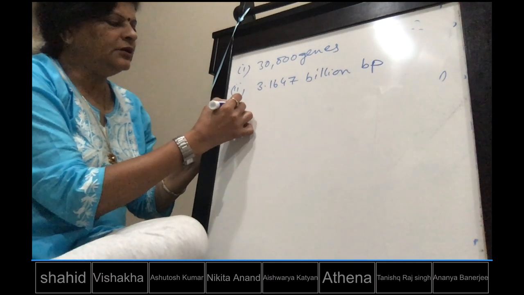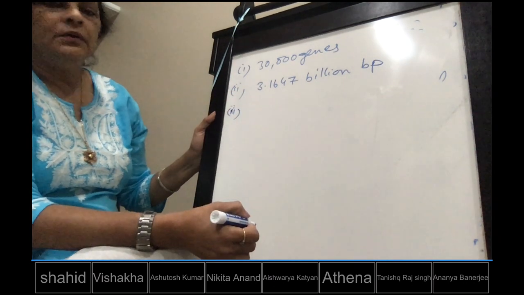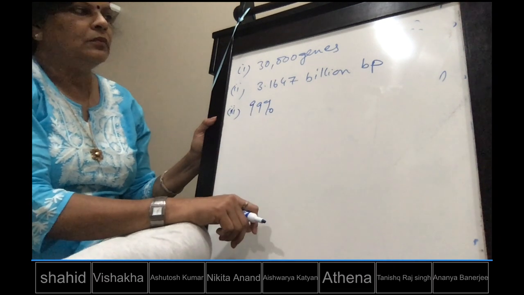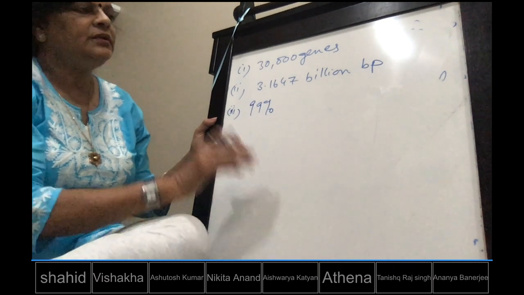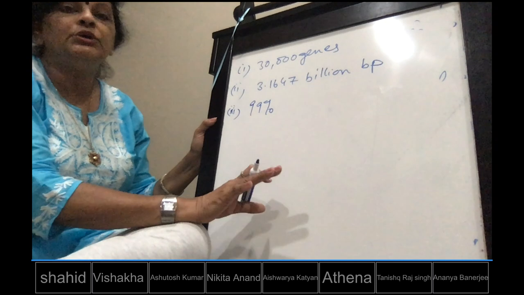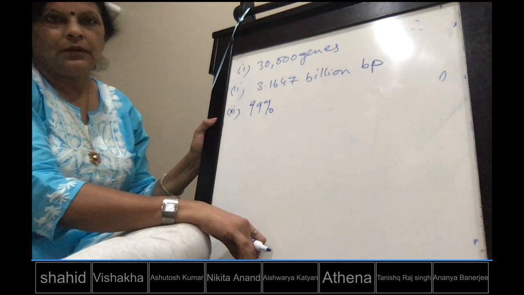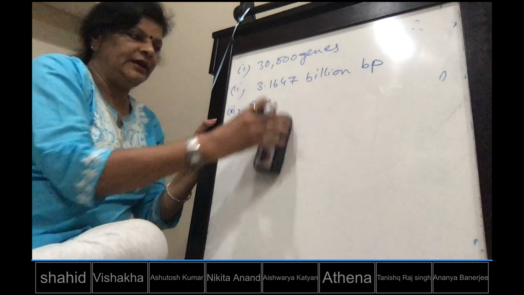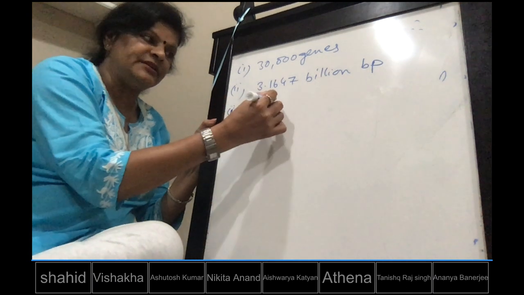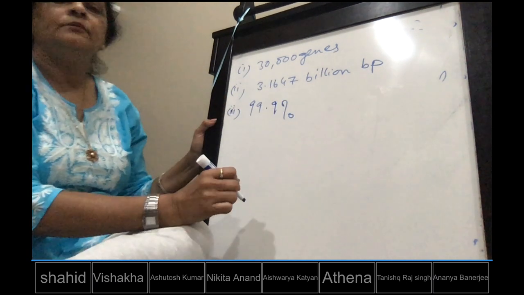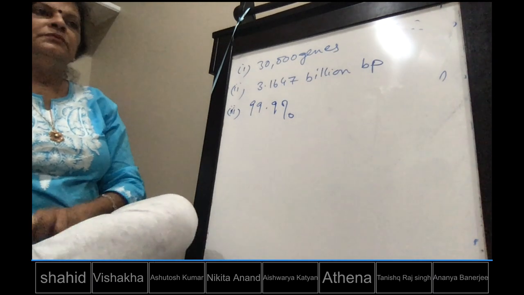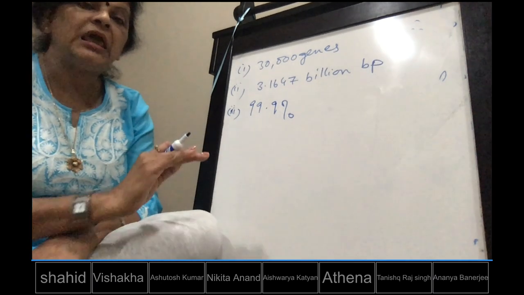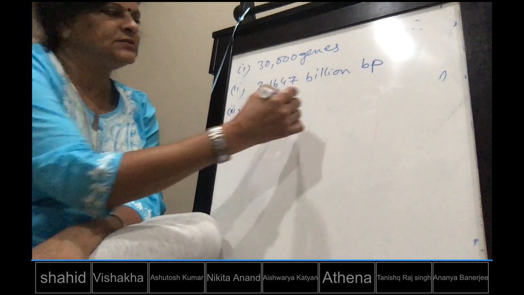Then third, 99.9% of human base pairs are similar to each other. 99.9% of genes, or you can say base pairs, are the same in all human beings.